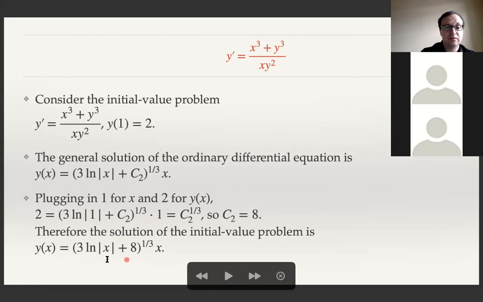So the solution of this initial value problem is (3 natural log of absolute value of x plus 8) raised to the power 1/3 times x. And since we are really only solving this for positive x, we could drop the absolute value. So this would be (3 times natural log of x plus 8) raised to the power 1/3 times x.